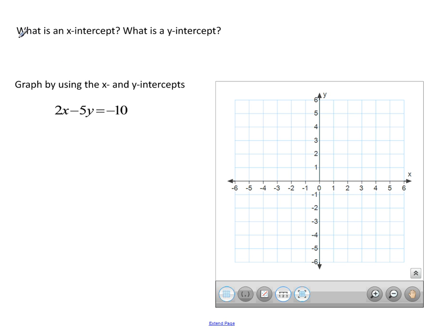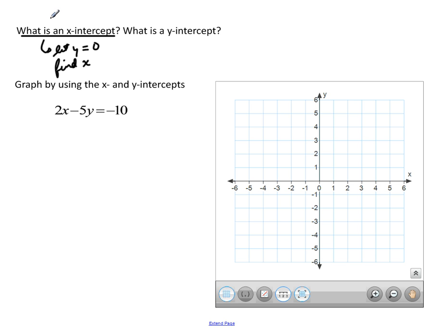First of all, we ask ourselves, well, what is an X-intercept? An X-intercept is a point where we define an X value where Y is equal to 0, right? And we find an X value. An X-intercept is a point on a graph where the graph passes through the X-axis.